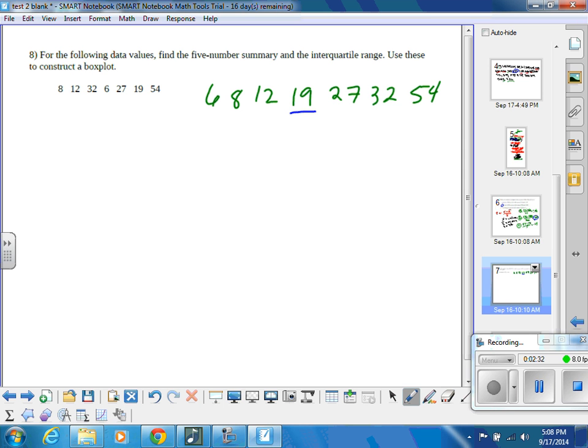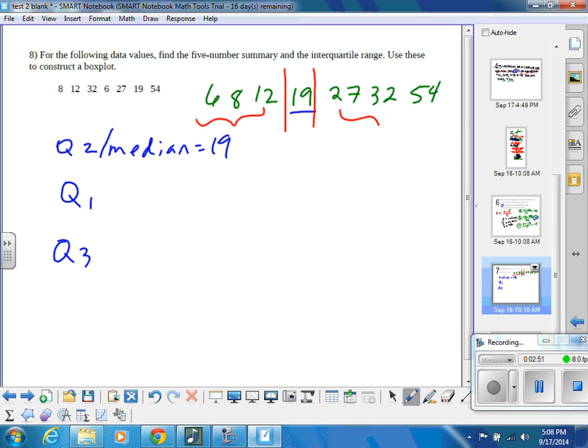So I got Q2, slash median, which is 19. So off of Q2, I need to find Q1 and Q3. Well, if you remember, once you find your median, it's kind of isolated. And so now my Q1 and my Q3 are based on those 3 numbers on each side. So I pick the one in the middle. Well, in the first one, the 8's in the middle, so that's Q1.